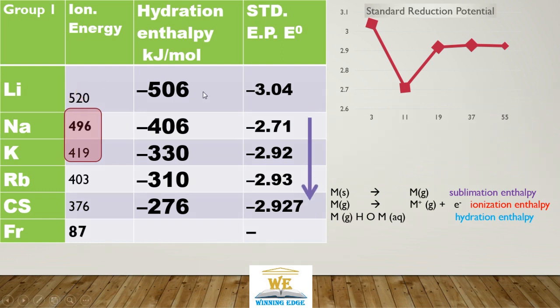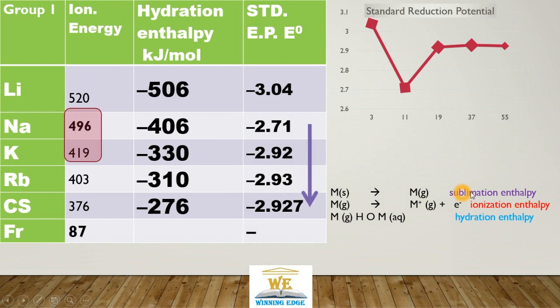For lithium, we saw it is almost similar, while for sodium and potassium there are certain differences. That is the reason the standard electrode potential for sodium is not as low as in the case of lithium. For potassium, the combination of these three processes is better.